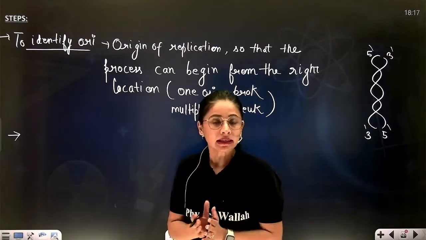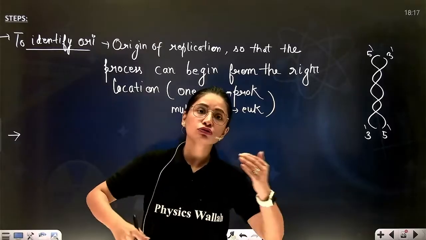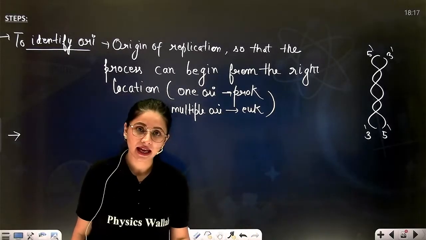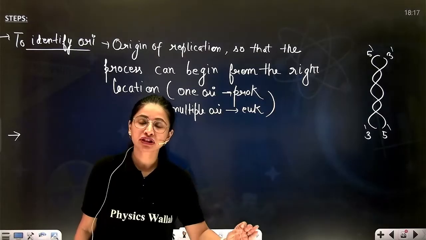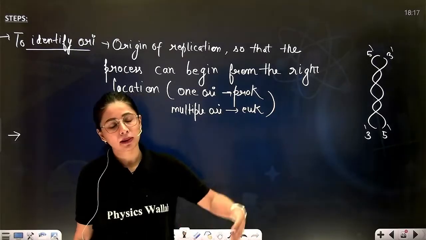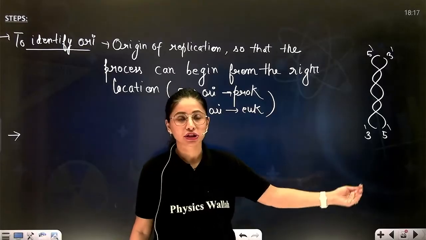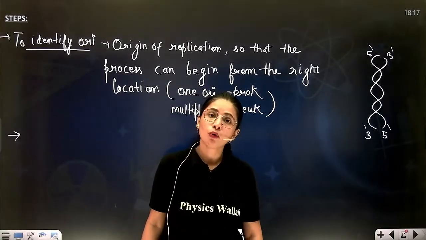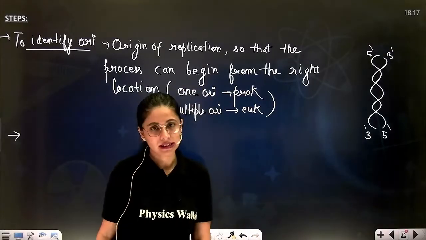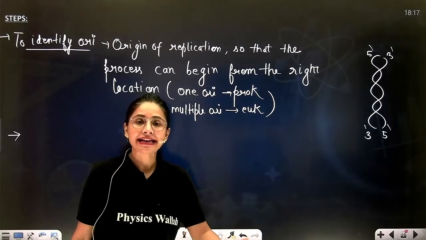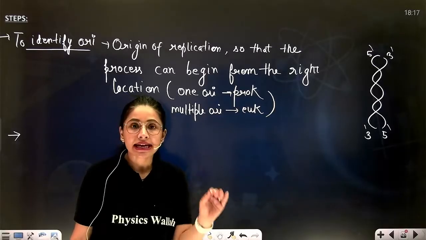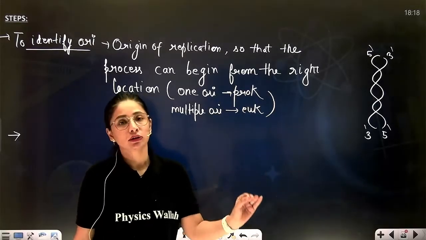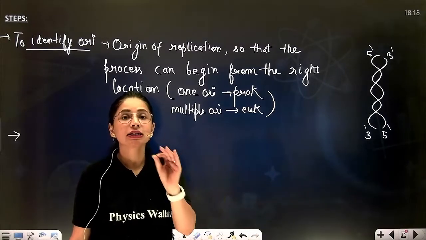The parental DNA which are about to start the process of replication, initially their nucleotides are present in monophosphate or diphosphate state, which is a non-energetic state. So the next step is converting the parental nucleotides into energetic form.